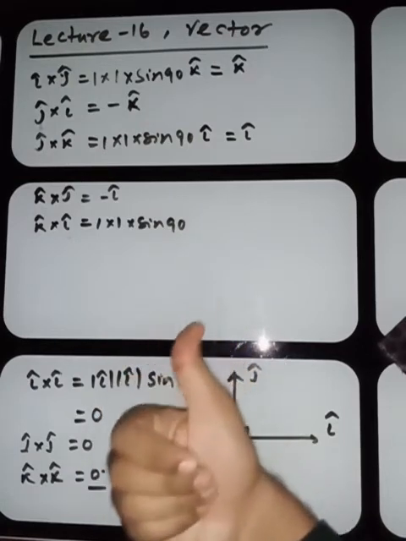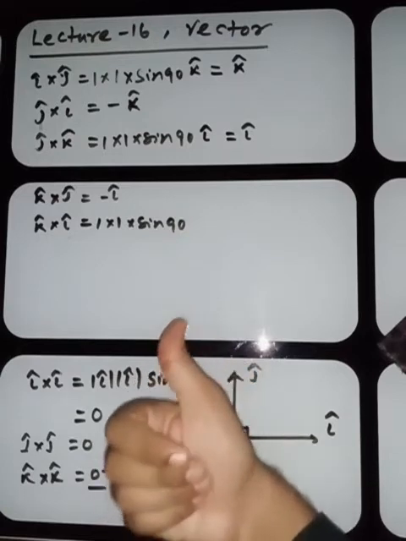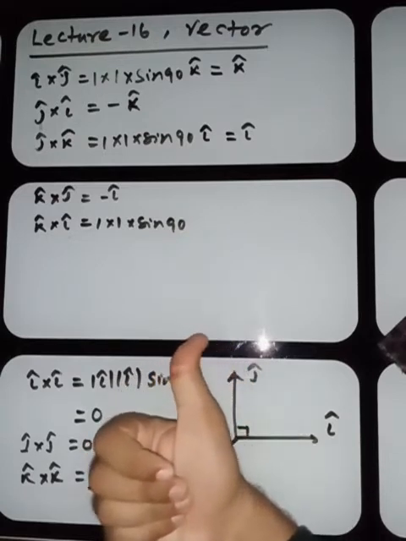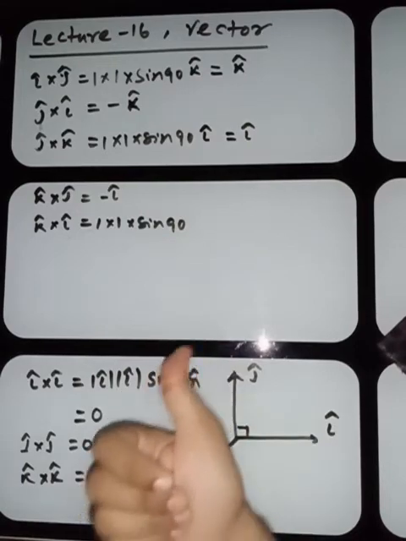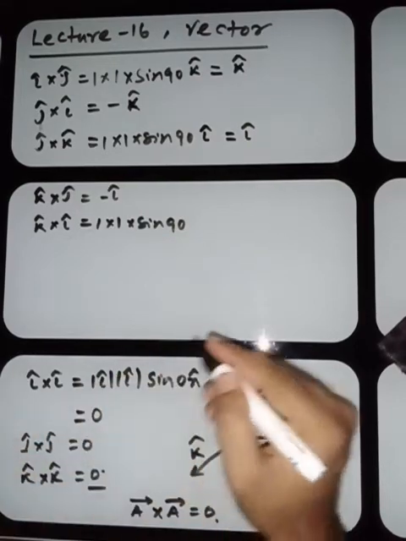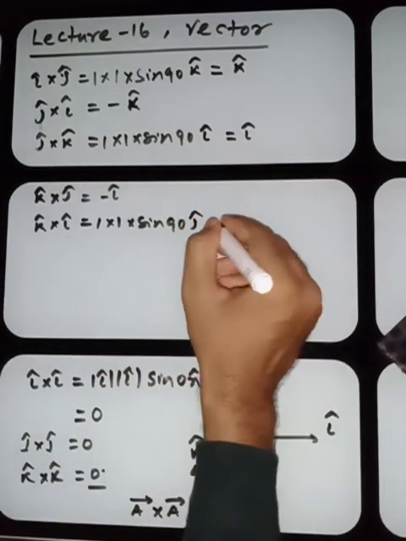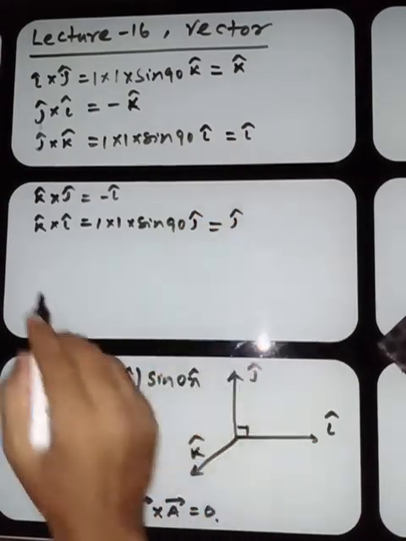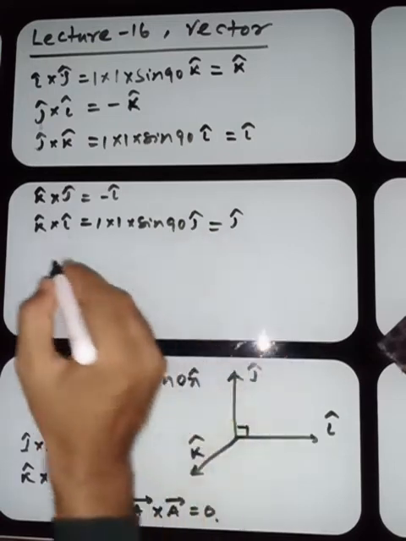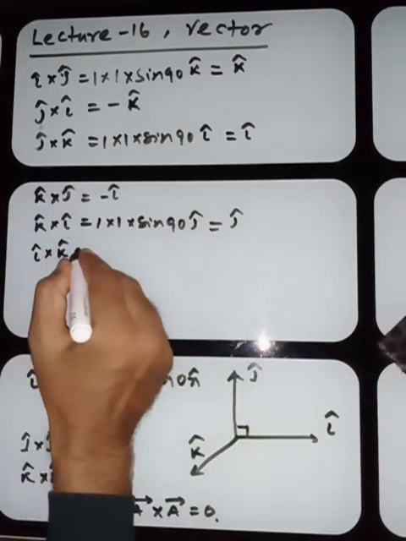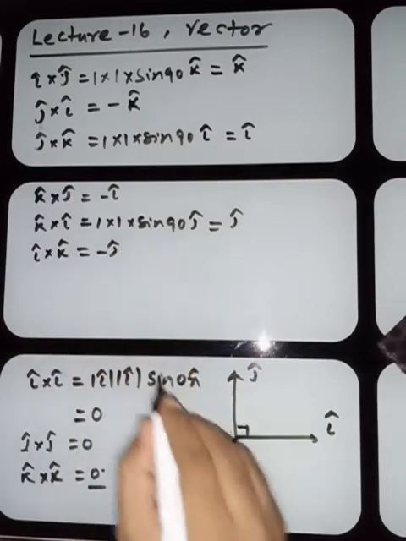You can see the j direction is represented here, we are getting the j direction by this thumb, and here will be j cap. So it is altogether j cap. That is, k cross i is j. So i cross k will be minus j.